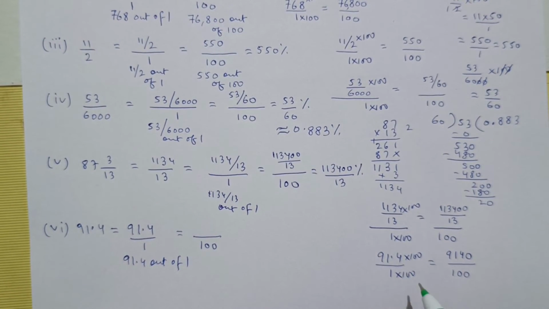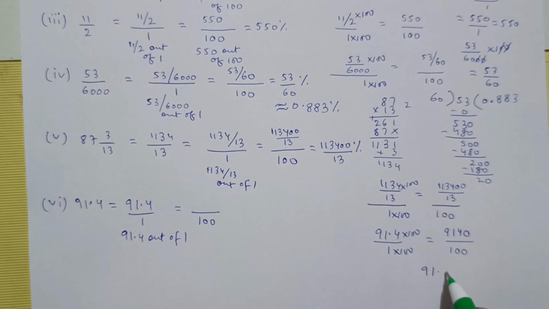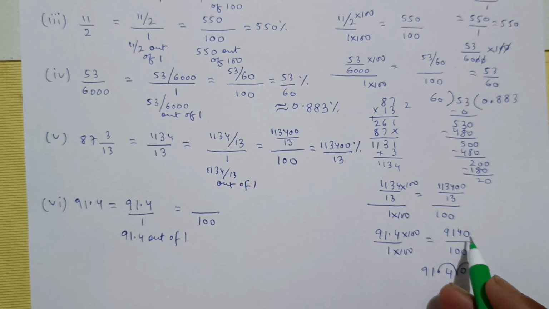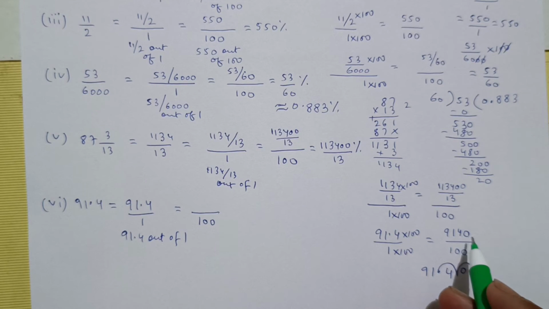So 91.4 into 100 means, I will do it over here so that you understand. 100 has 2 zeros. So I will move the decimal to the right hand side by 2 places. 1 place, 2 place. So the decimal now becomes over here. And here I will write a 0. 9140.0, which is nothing but 9140. So 91.4 into 100 is 9140.